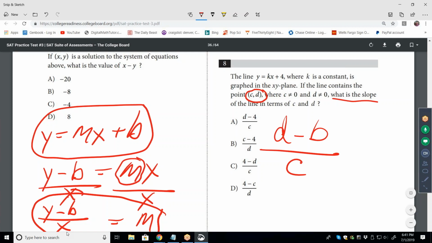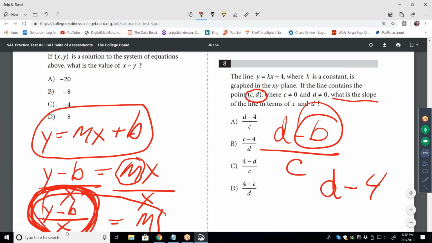So I'm taking this part right here, see where I'm circling? And I'm substituting c for x and d for y. All right. The problem is that that answer is not on there. Because I know what b is. What's b? Okay, so it's really d minus 4 over c. And that answer is on there.